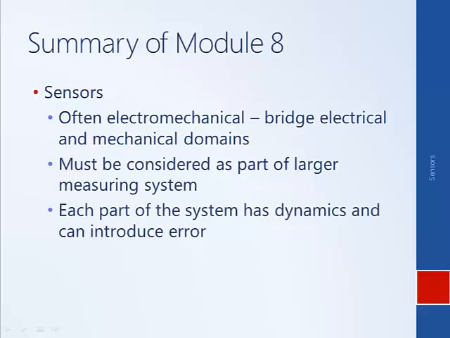And so each stage of this measuring system has dynamics and can introduce error, and we need to understand those. We discussed in this module a few different examples of signal processing and how they specifically introduce error, and how we must be careful when we use them in our larger control system.